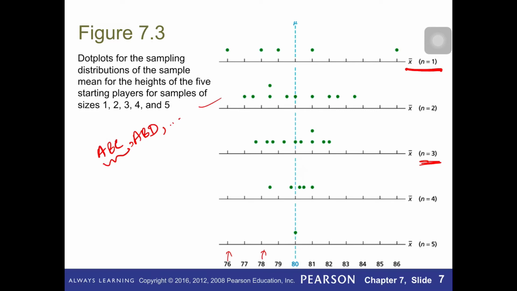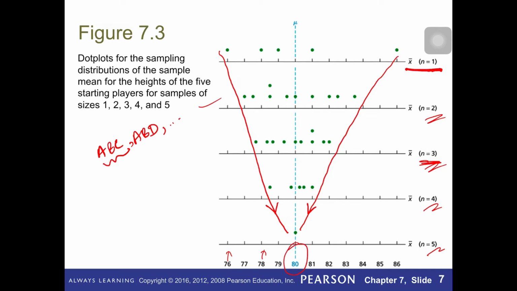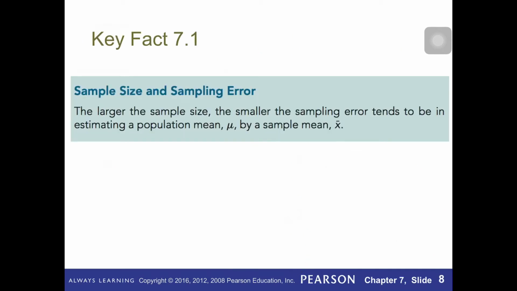You can see that from here to here, the variation of these means is converging. When you increase the sample size, starting from 1, then 2, 3, 4, 5, the means come to one number. This is the idea behind considering a mean of sample means.